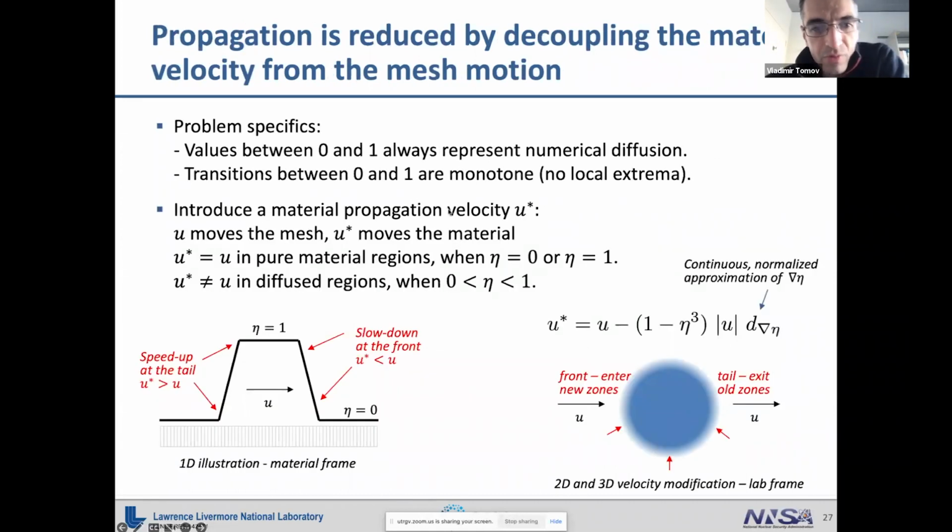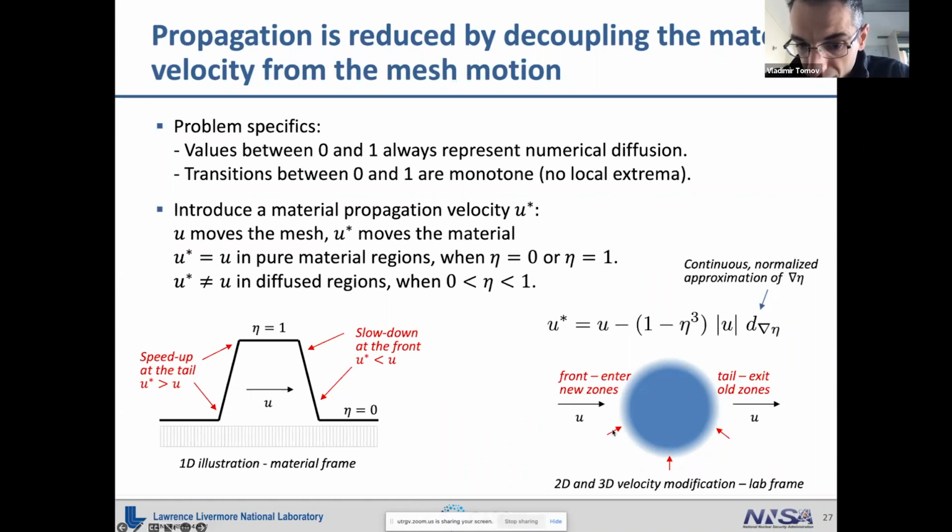So the approach we took is we changed the velocity. During remap, there is the mesh velocity, of course, but one can actually detach the material from that and move the material differently. And we define this U star based on the standard velocity that looks at the gradients of, for example, your volume fraction.